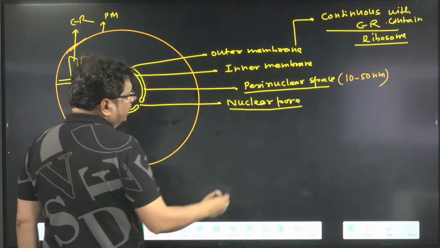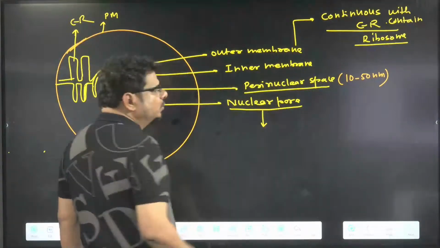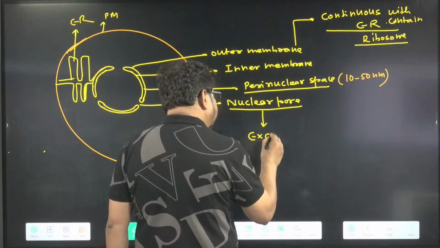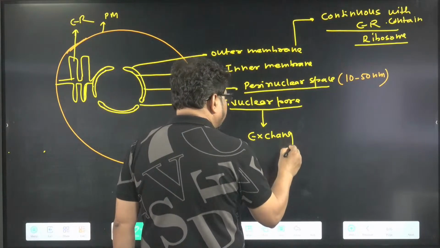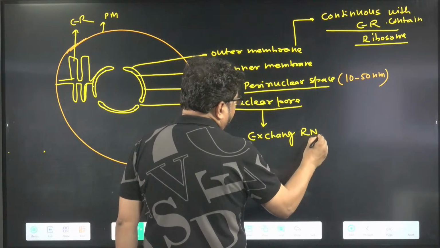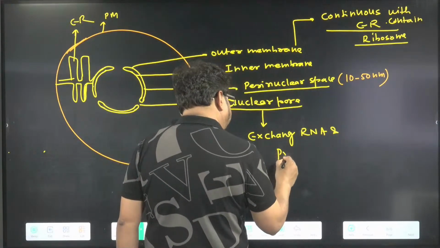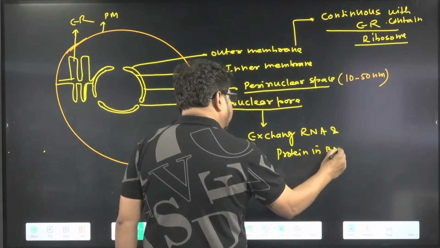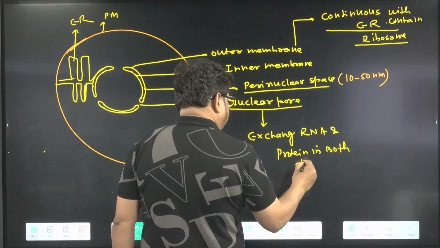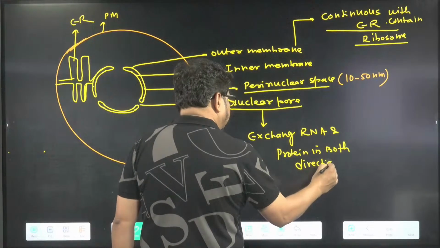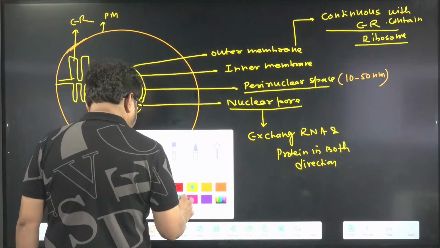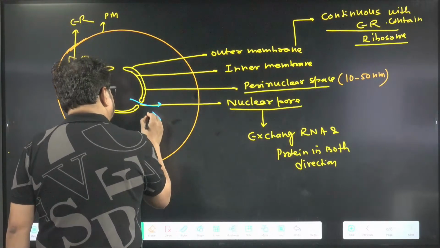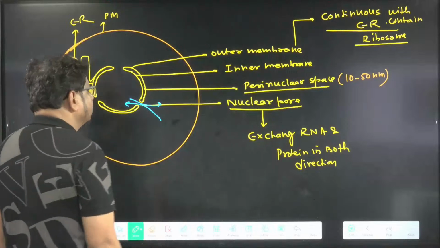Now this is the nuclear pore. What is the nuclear pore doing? These nuclear pores exchange RNA and protein in both directions. Both directions means from inside of the nucleus to outside and from outside of the nucleus to inside.